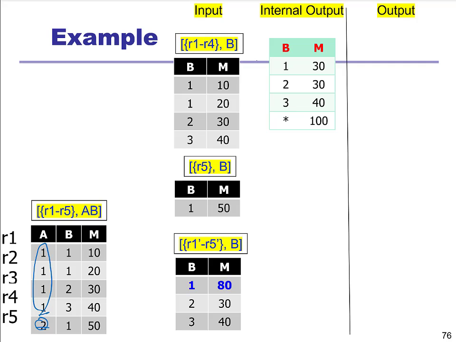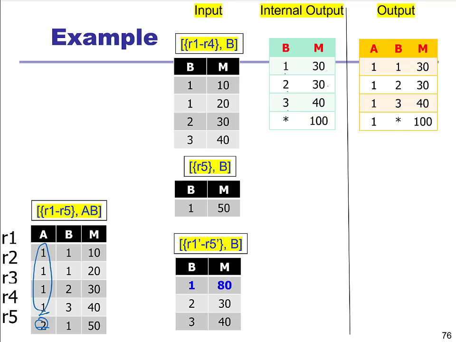For the first slice, we do a group by on B and then aggregate again. So we have B equals 1, 2, and 3, where the numbers should be 30, 30, and 40, and the last line would be B equals star, which represents all, and M is 100.